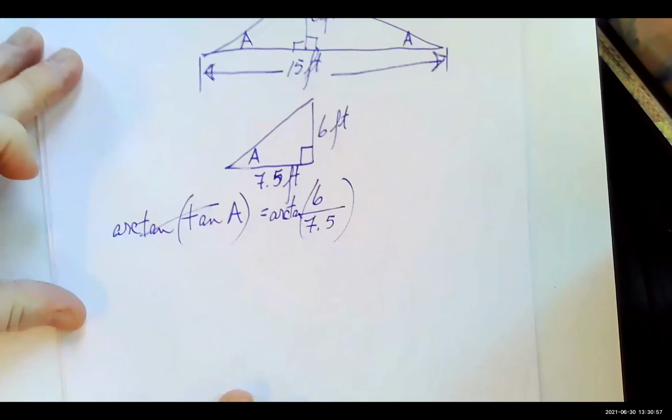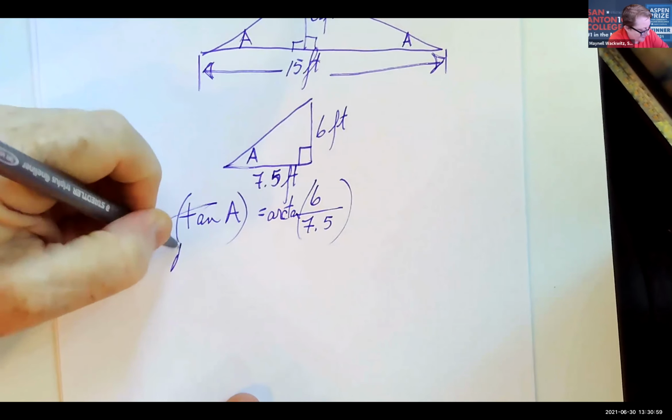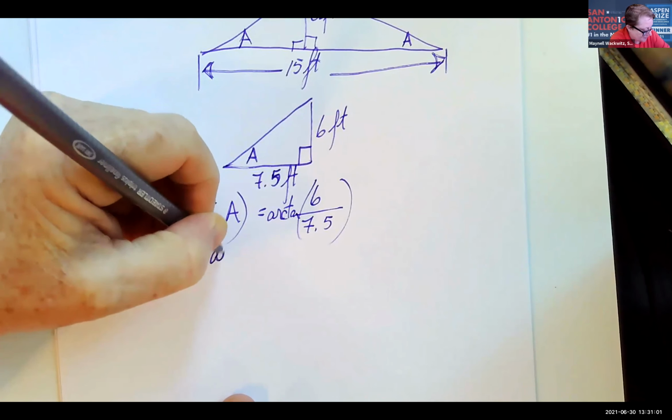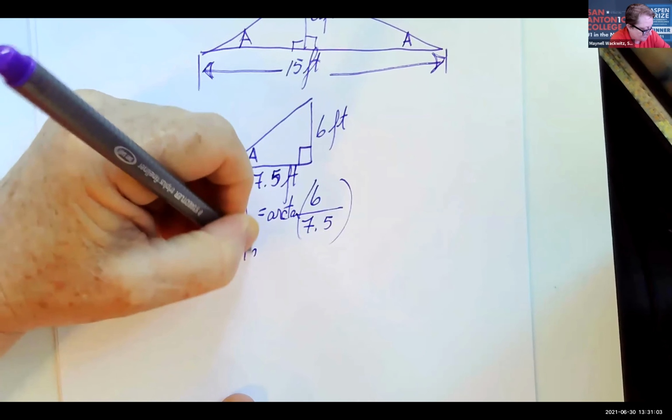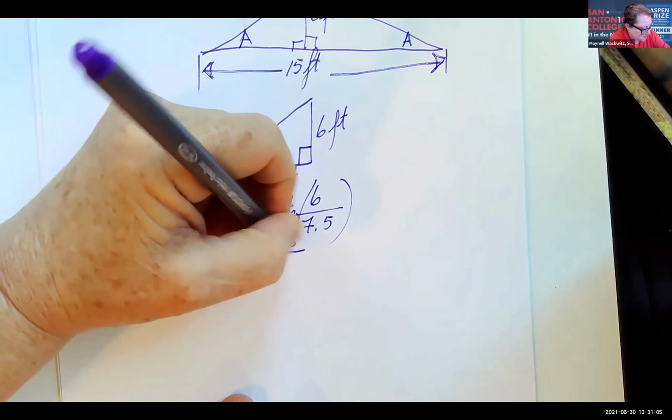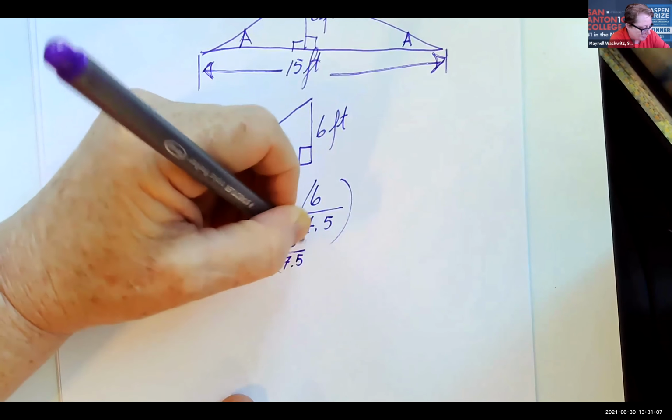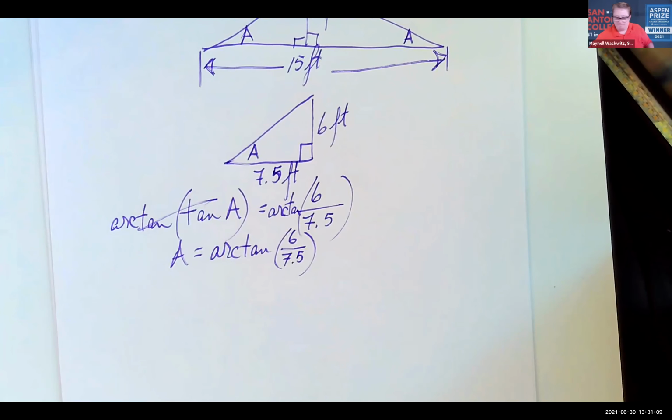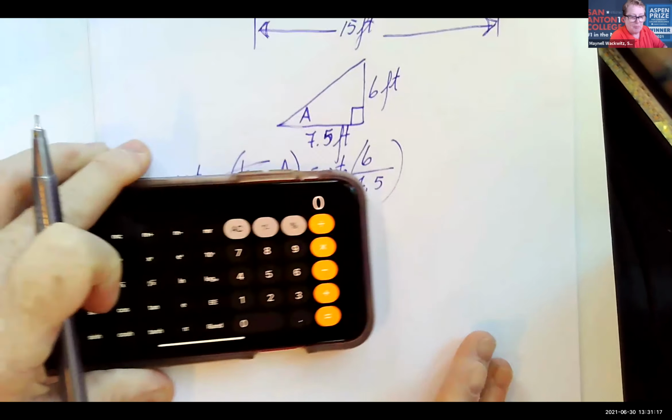We're going to find A, yes. So we're going to find A by taking the inverse tan, or the arctan, of 6 over 7.5. And I think we haven't done any problems like this on our calculators, so this is good.